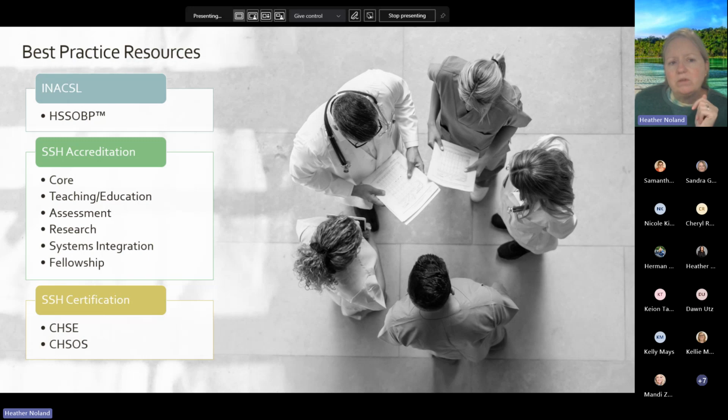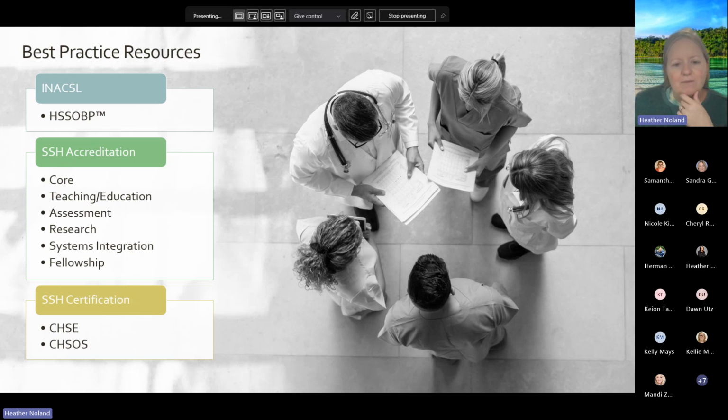When we look at evaluation measures, you will see that Anaxel and the Society for Simulation in Healthcare have published best practice resources that all address evaluation and assessment. I would highly encourage y'all to look at those.